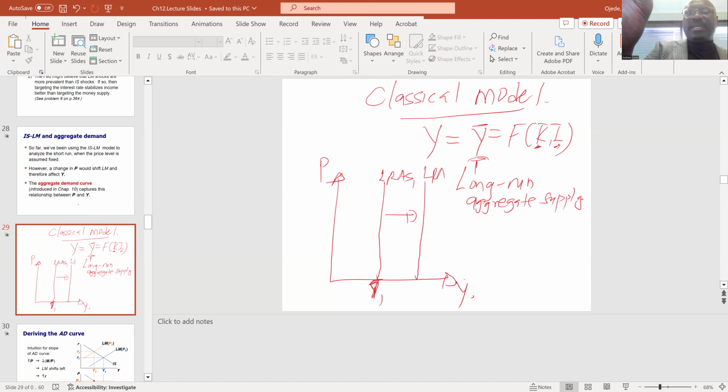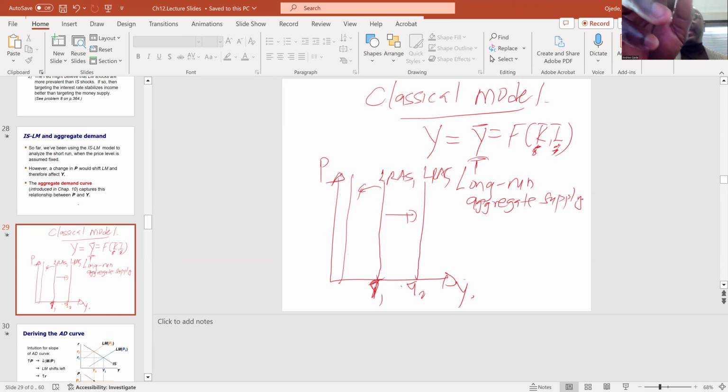And what brings about the increase in the long run aggregate supply curve? When we build more capital, when we get more labor, when we invent new technologies. You can also shift it to the left. Shifting it to the left could be due to things like natural disasters that destroy capital, or destroy labor.